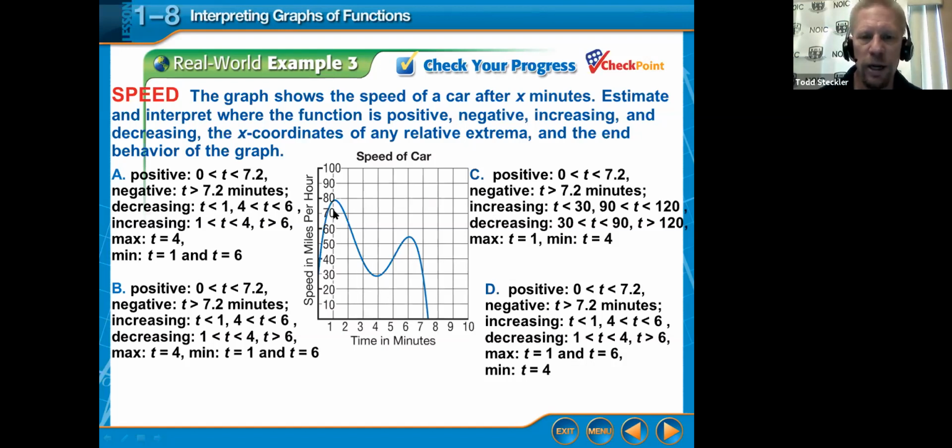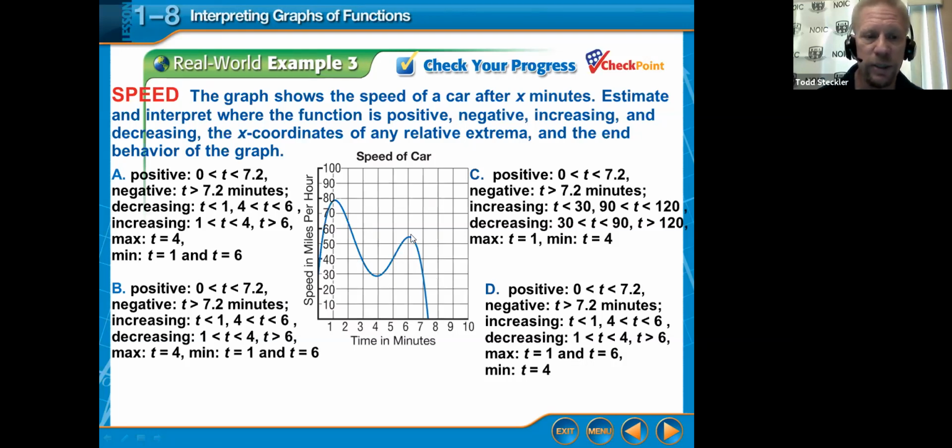Now let's take a look at what happens from 1 minute all the way over to about 4 minutes. Looks like the graph is going down, so that's decreasing. Letter B says the graph is decreasing from 1 less than t less than 4. That's true. And the same thing with letter D. Next up, from 4 over to 6, the graph is going up.